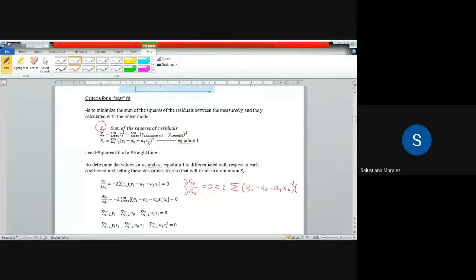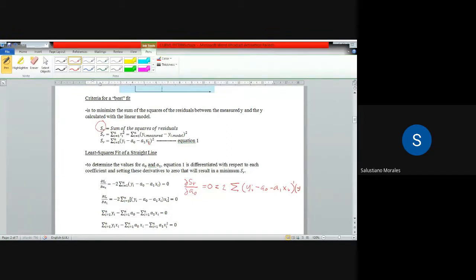So ganun yung formula. Since we are differentiating this equation SR with respect to a0, then yung y sub i should be considered as 0 in terms of its derivative. Yung a0 is with the derivative equal to negative 1. Okay? So yun ang pinaka-variable natin, a0. So meron tayong negative 1.